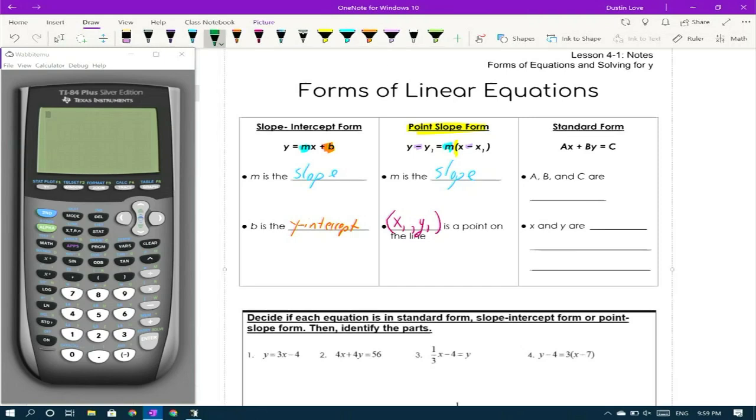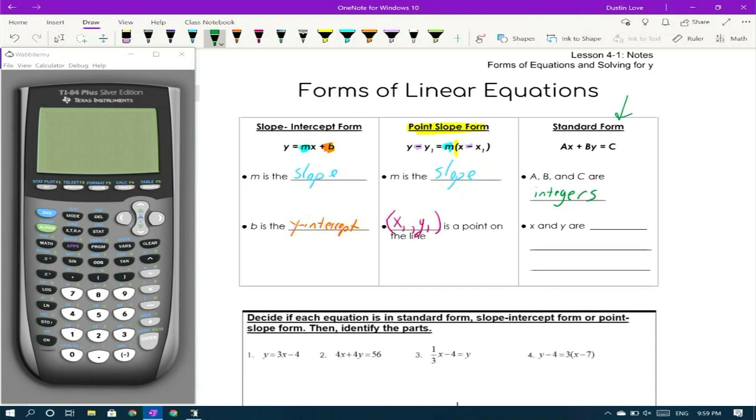The last one, honestly, is the least useful of them all. It does have some uses, so it's not completely useless, but it doesn't have as many uses as slope-intercept or point slope, and that is standard form over here on the right. That's ax plus by equals c, and a, b, and c are all integers. Now remember, it would help if I could spell that right. That's not a G either. I-N-T-E-G-E-R-S.